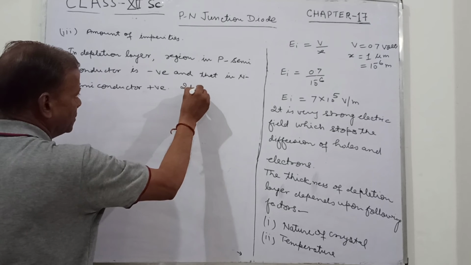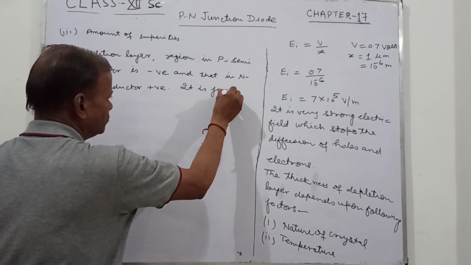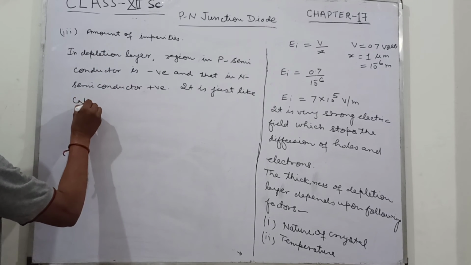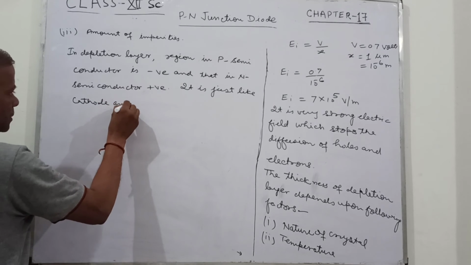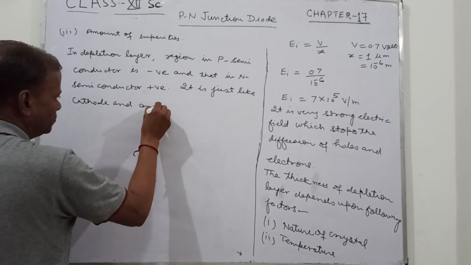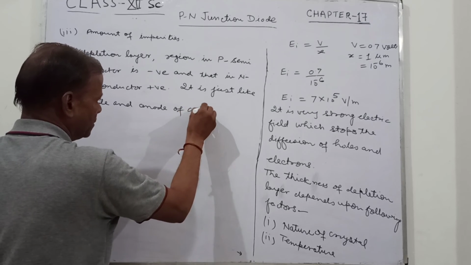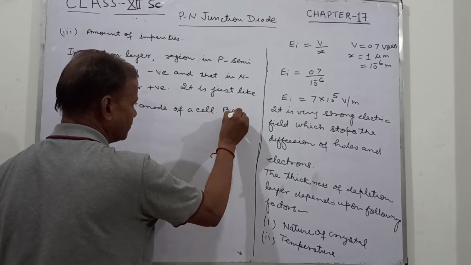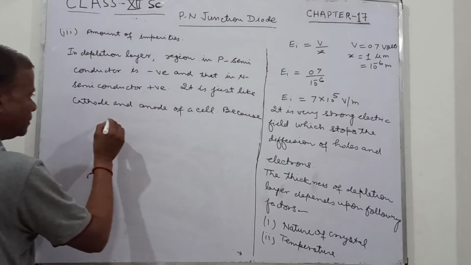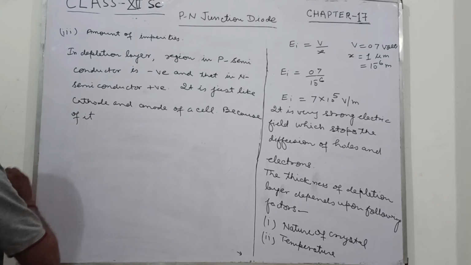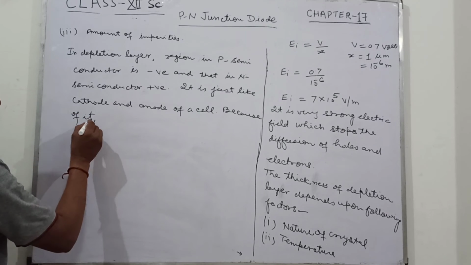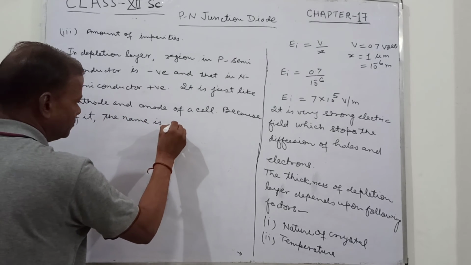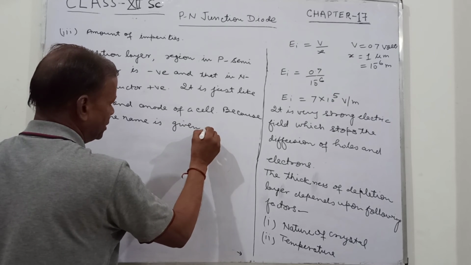So it is just like the cathode and anode of a cell. Because of it, the name given is diode.